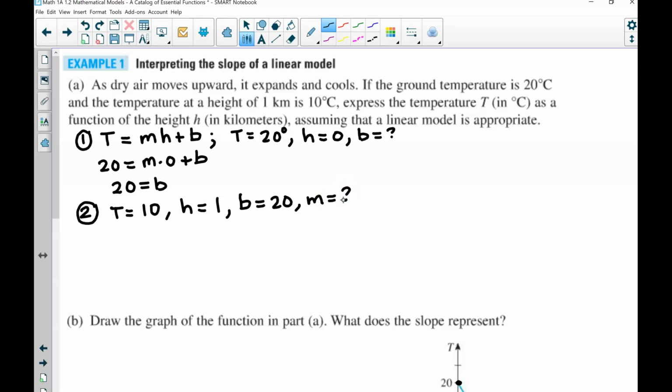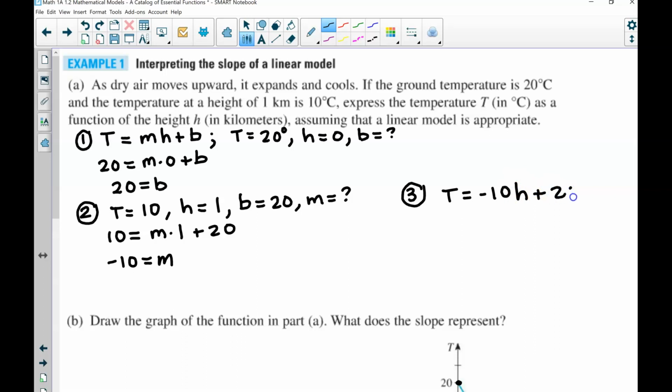Plugging this into our model, we have 10 equals m times h, which is 1, plus 20. When we solve for m, we get negative 10, which represents the slope. Now we can finally write down the required linear function: T equals negative 10 times h plus 20.